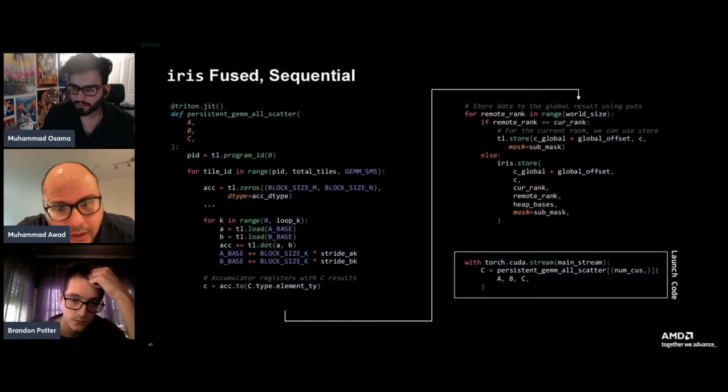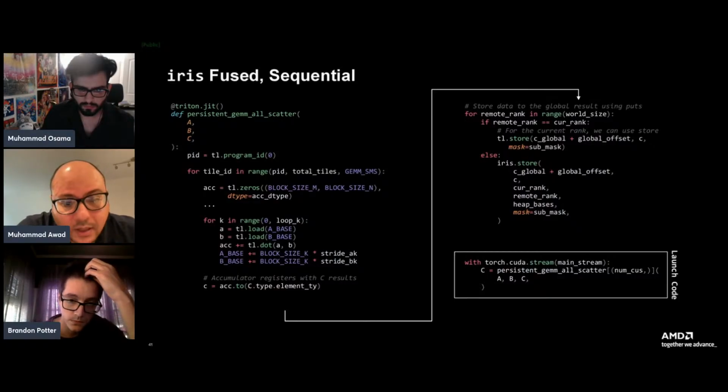On the right-hand side, what you need to do is just take the C accumulator register and scatter it across all ranks. For your own rank, you can just use tl.store because this is just a local access. For remote accesses, you can just use iris.store. You can also use iris.store for your local address, but you can do it this way as well. In terms of launching the kernel, there is just one kernel, so you just launch it in one stream, and that's basically it.